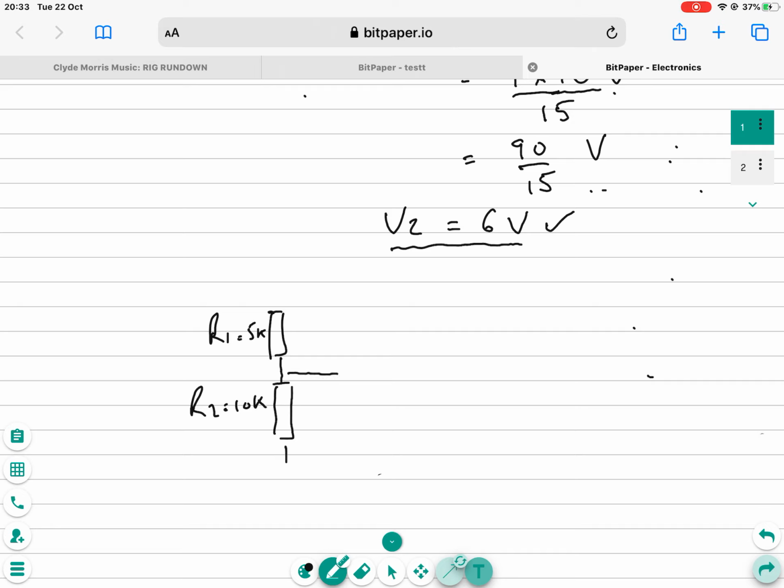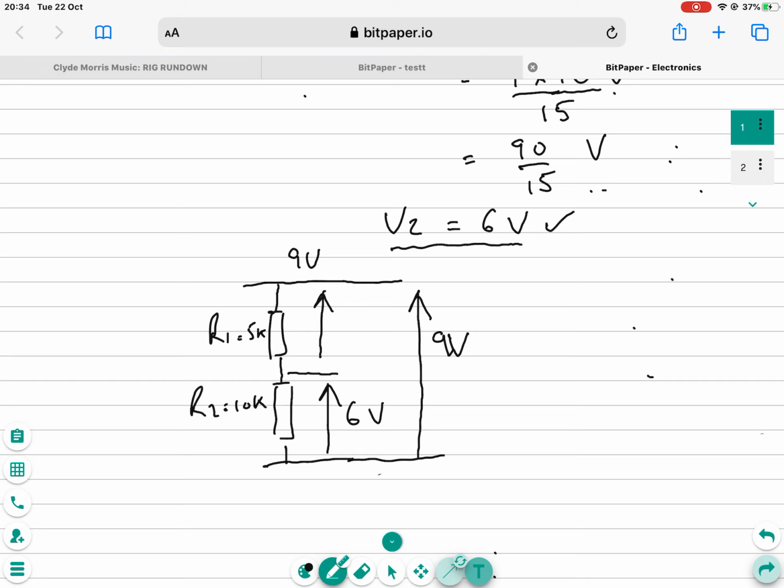We've determined that the voltage across this resistor here is 6 volts. We have 9 volts across the whole lot, that's from the supply.